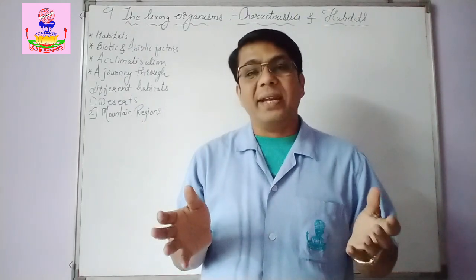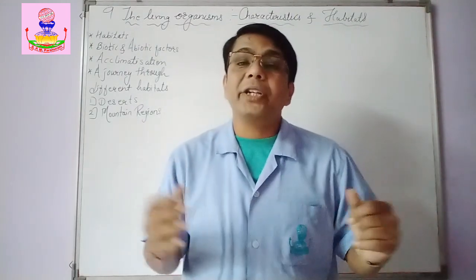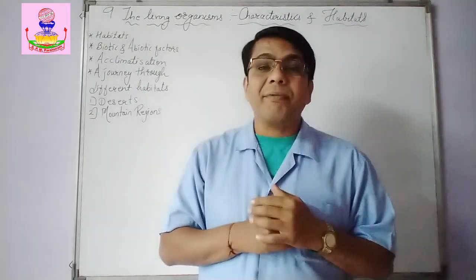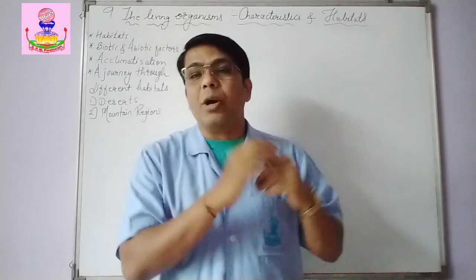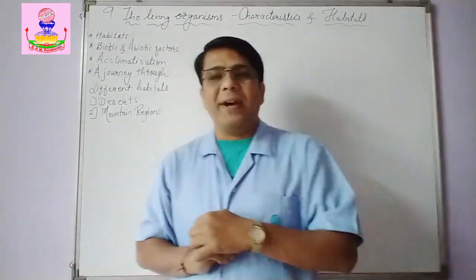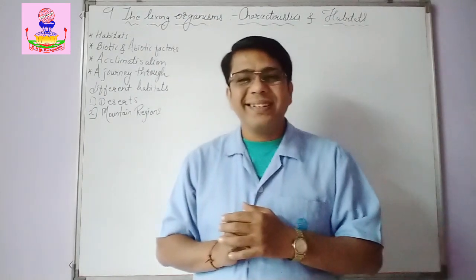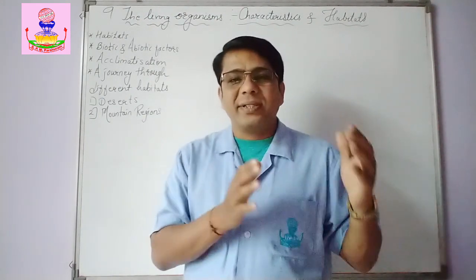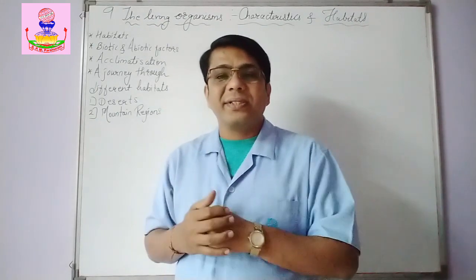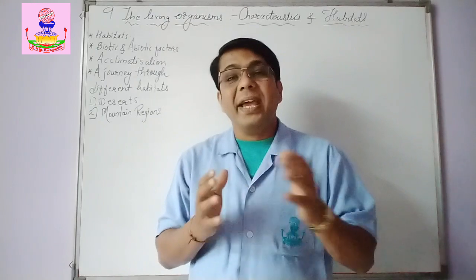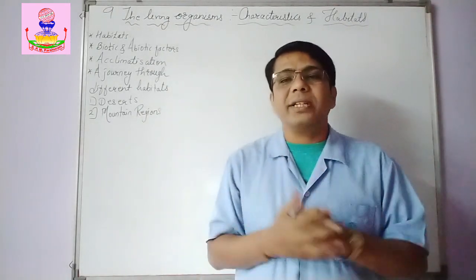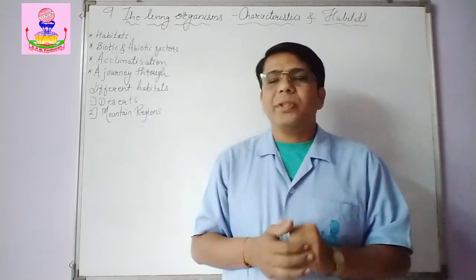Even the sun's heat or light is also an abiotic factor. So again, I'll tell you: plants and animals, that is living organisms in the habitats, are called biotic factors, while sand, soil, rock, sun's heat, air, water are all abiotic factors.